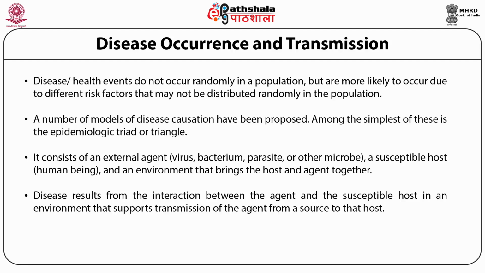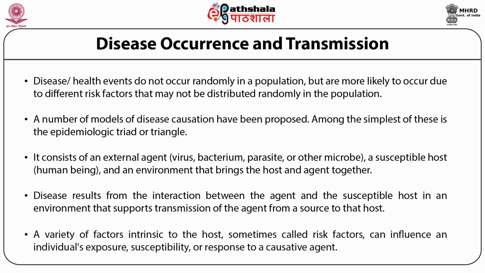Agent, host, and environmental factors interrelate in a variety of complex ways to produce disease. A variety of factors intrinsic to the host, sometimes called risk factors, can influence an individual's exposure, susceptibility, or response to a causative agent.